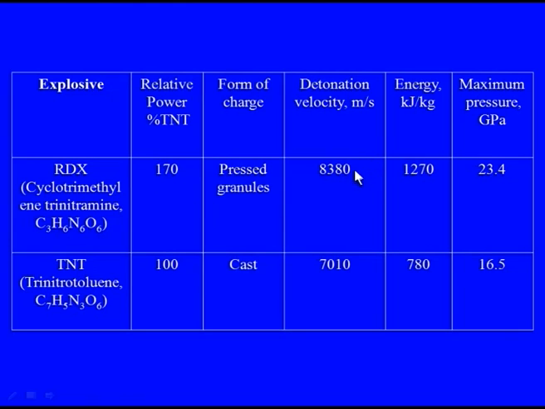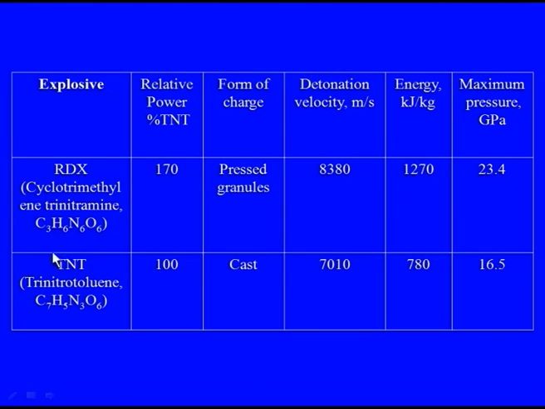It has a detonation velocity as high as 8,380 meters per second, the energy released is 1270 kilojoules per kg, and the maximum pressure obtainable is 23.4 gigapascal. So, that is the indication of how powerful these explosives are.